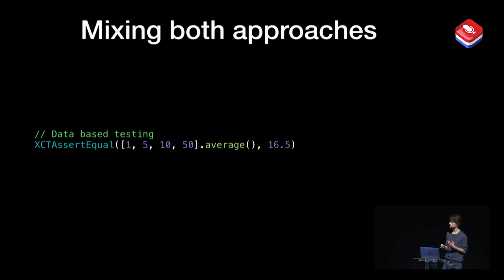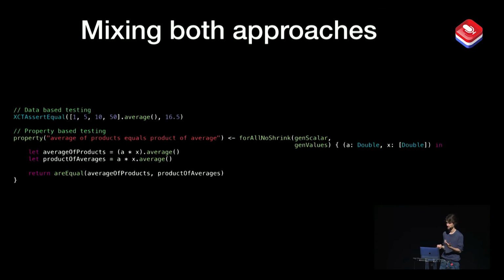But an average is something that has properties because it's a mathematical thing. For instance, you might have something like the average of products equals the product of the average.